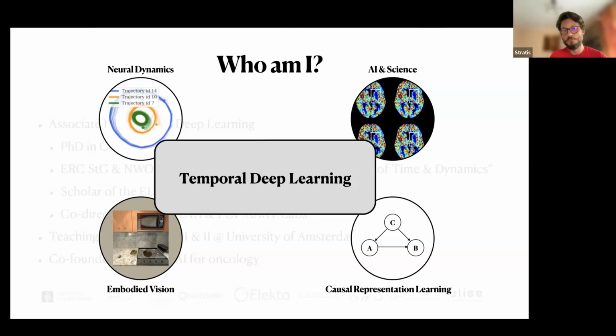More specifically, I'm focusing on four pillars: neural dynamics, so understanding the dynamics of neural networks, as well as learning dynamics with neural networks; the applications of AI to science; how this extends to computer vision, which is my original research field, where embodied vision is also about dynamic environments; and causal representation learning, which is a theoretical framework for embodied vision, at least from my perspective.